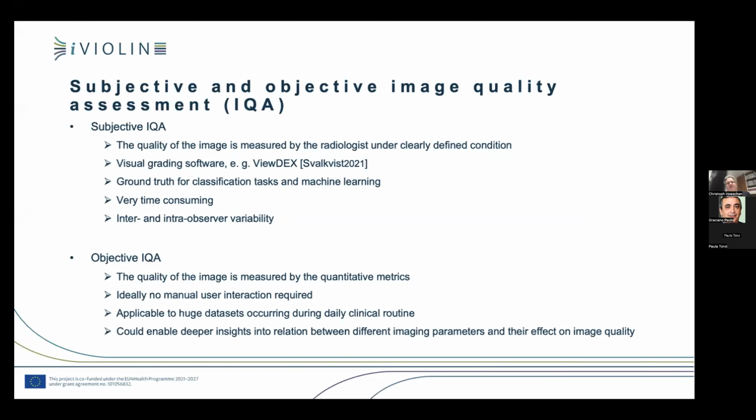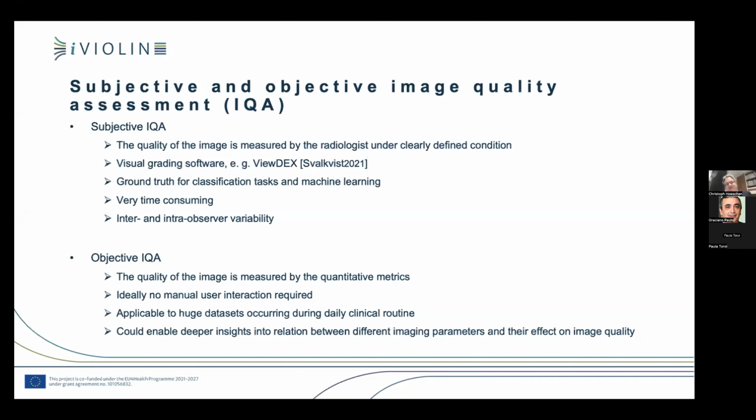In subjective image quality assessment, we assess the quality of images using radiologists who evaluate images under clearly defined conditions. For example, you can use a so-called visual grading analysis, such as the ViewDex system. In most cases, you need to know the ground truths for classification tasks, which you could also do for machine learning.